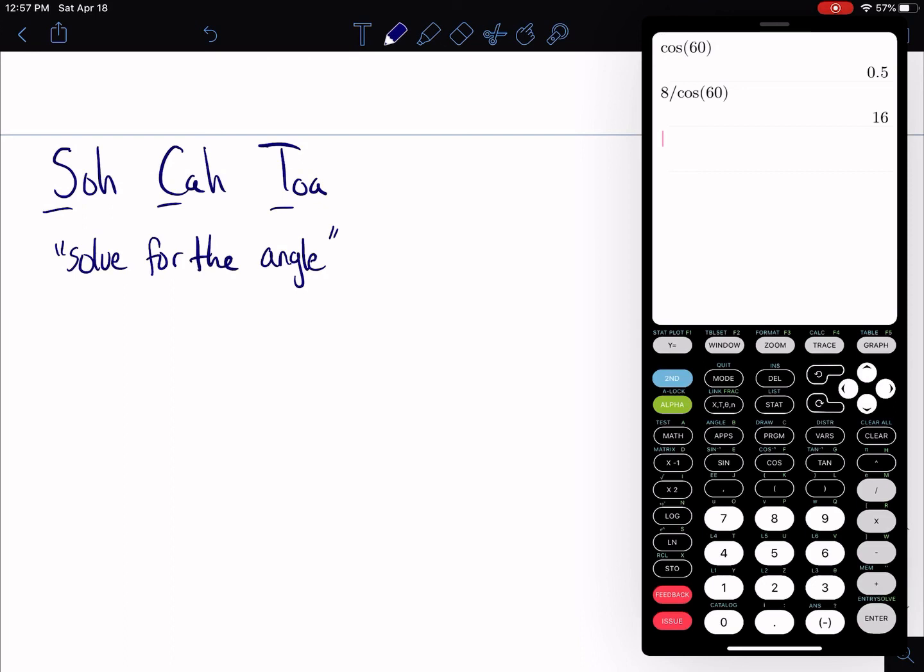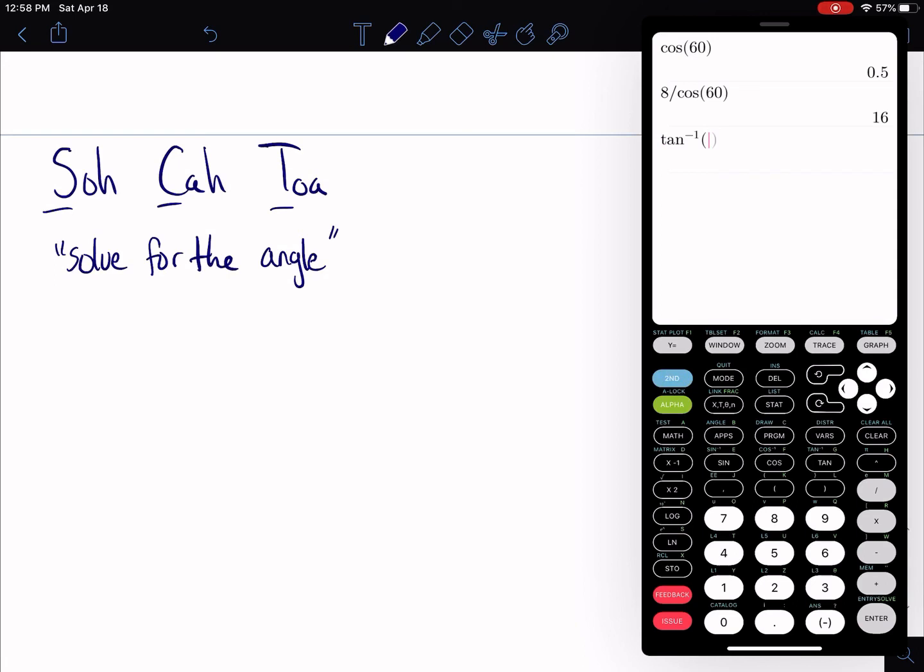If you hit that second button and then sine, you get sine and then this -1 power and then the number. If you do second cosine, we get the little thing above it, which is cosine -1. Or we could do second tan, and tan -1.